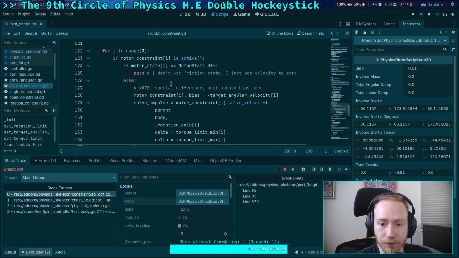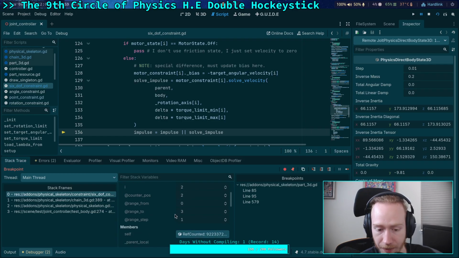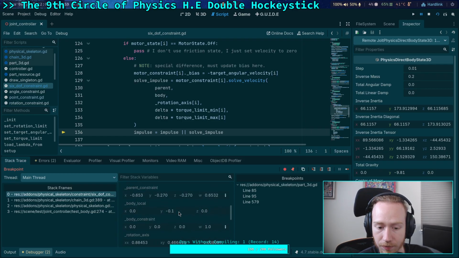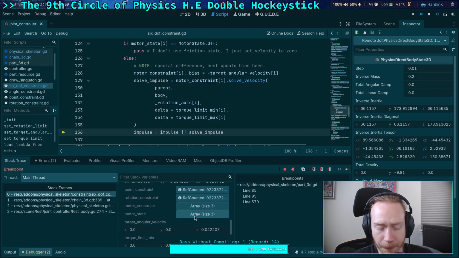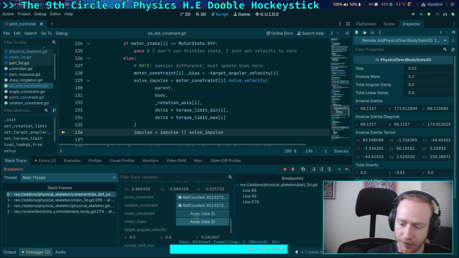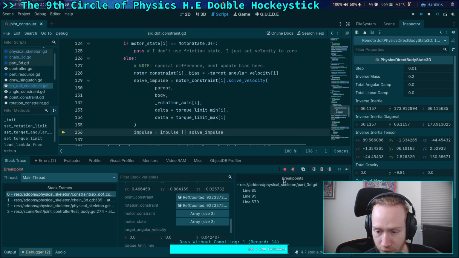Close. And I mean, the bias could be wrong as well, but not the bias. Just because this world axis, these aren't aligned perfectly, the velocity actually would be slightly different.